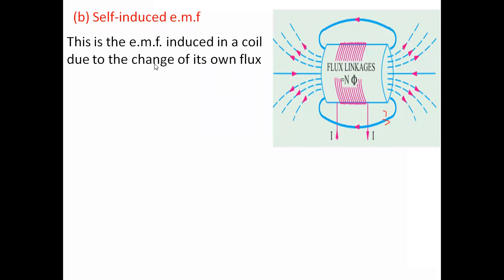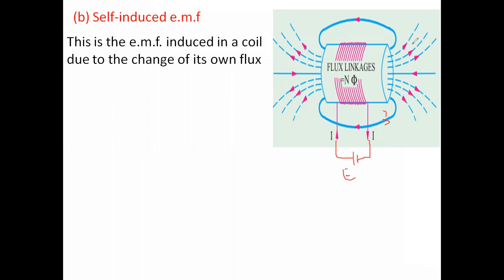Self-induced EMF is due to the change of its own flux, the flux generated in this coil due to the applied current I. The same flux again cuts this same coil, and due to that EMF is generated. We have applied some external voltage E here for generation of this flux.